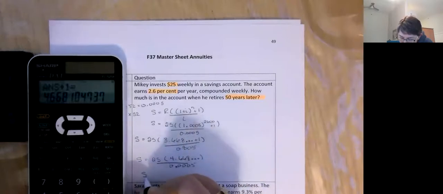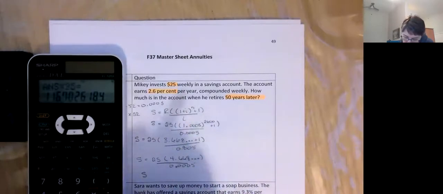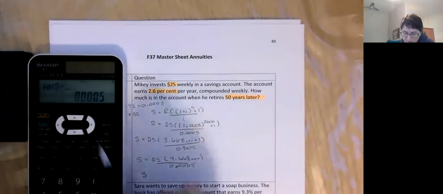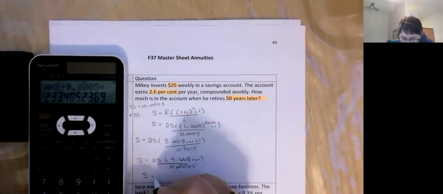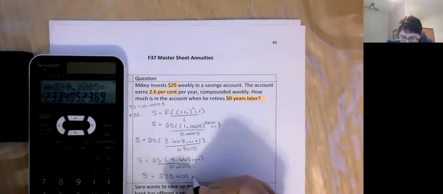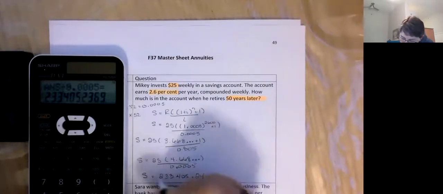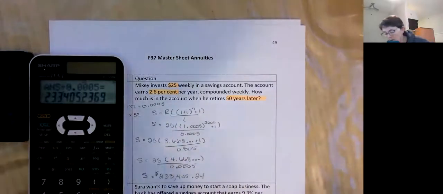Now, when we did this section, remember, we could do it all at once. So I'm going to go times 25, and then divide by 0.0005. 3 zeros and a 5. Oh my goodness, look at that. 233,405.24. About $233,000.